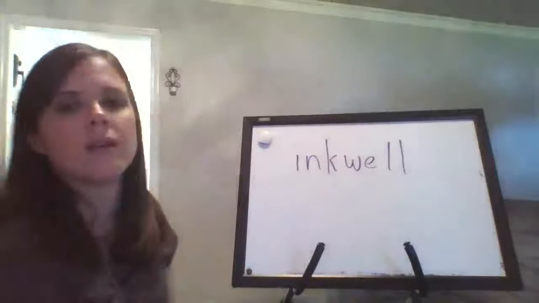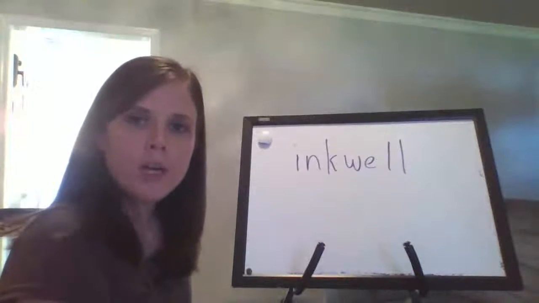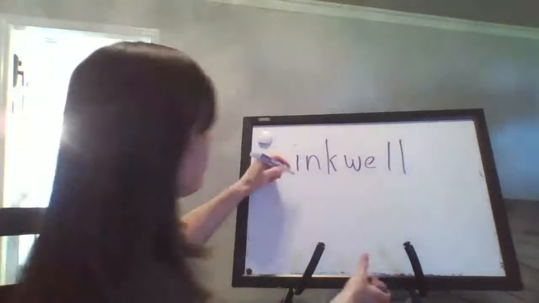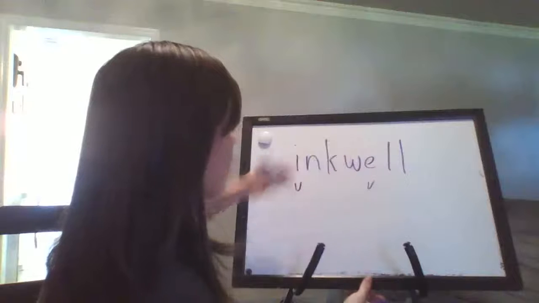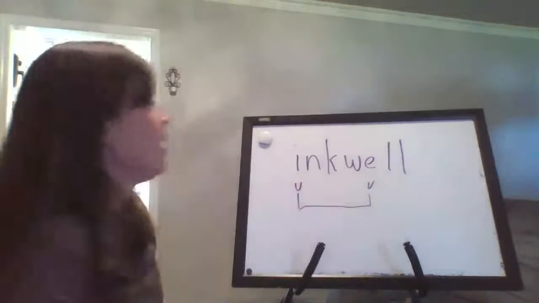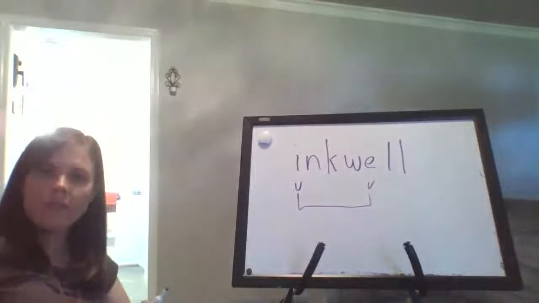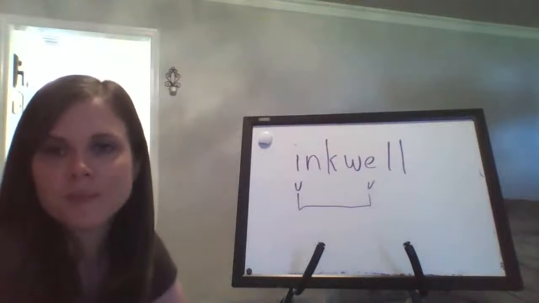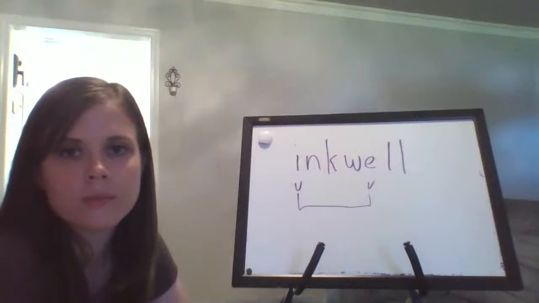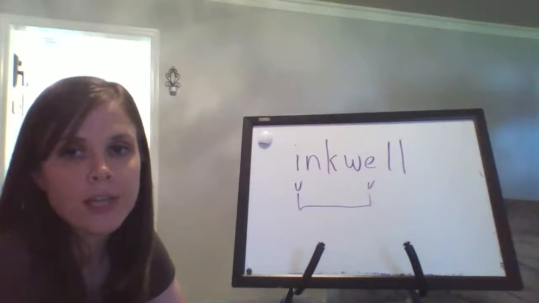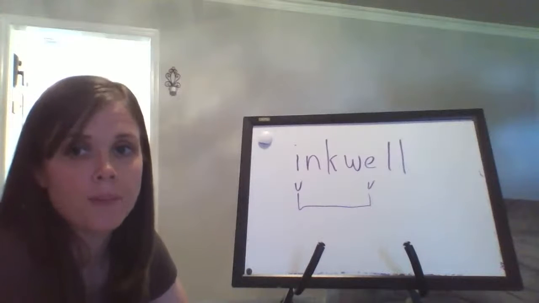Once I have it written on my board, I'm going to find my vowels. And then I'm going to bridge it. Now, I'm going to let you try and finish it before I do. Pause the video if you need more time.